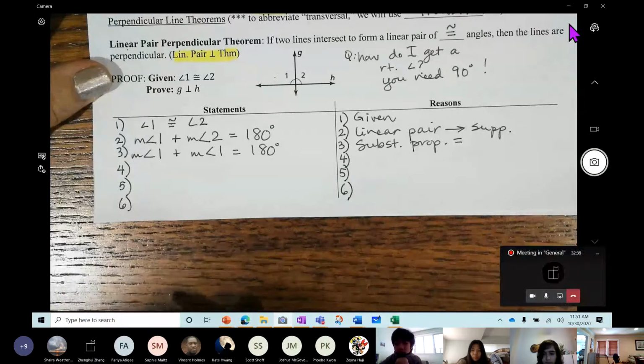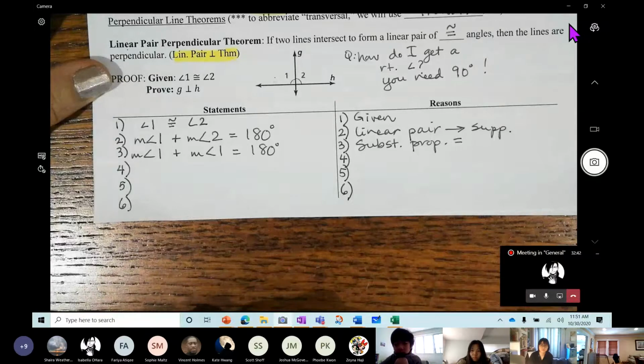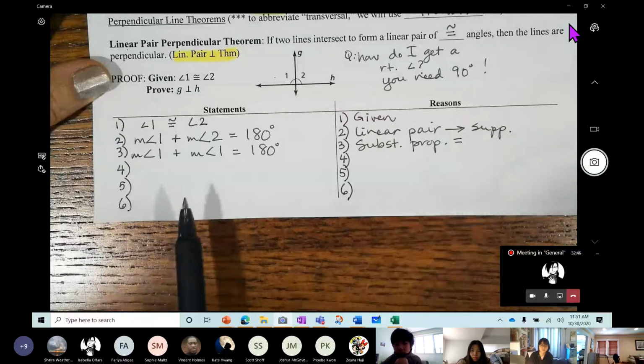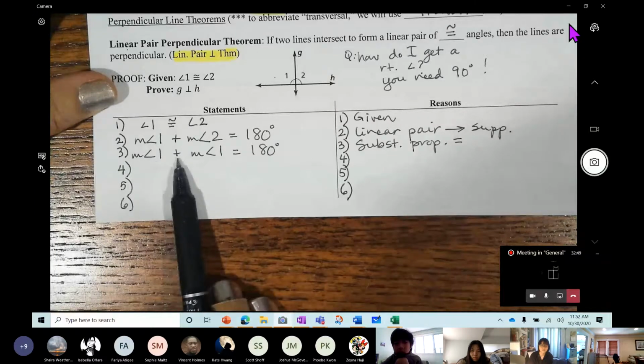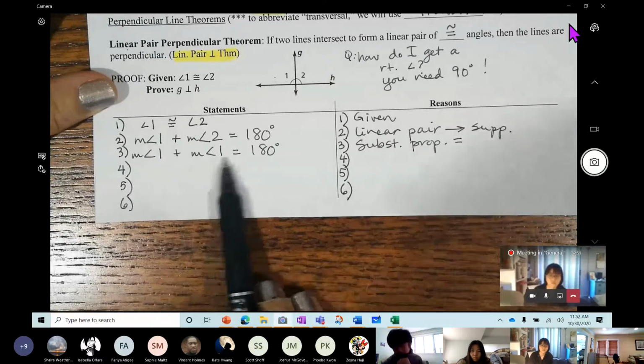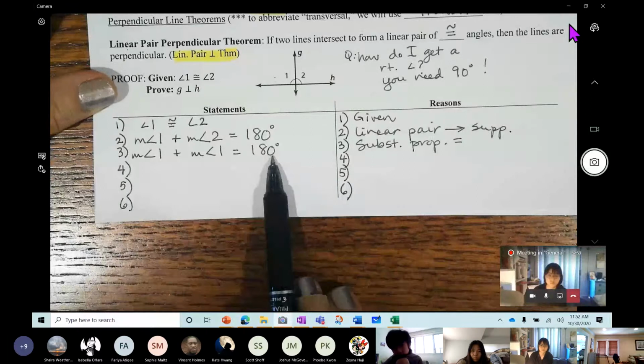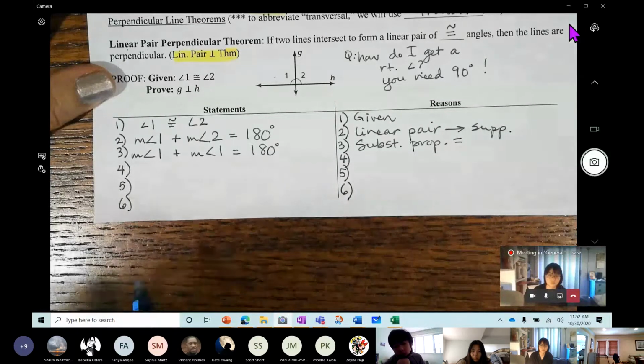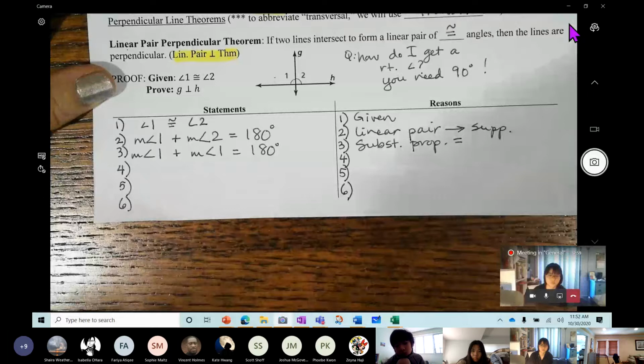I know you know this. So if this said m plus m equals 180, somebody speak up. What would you do?